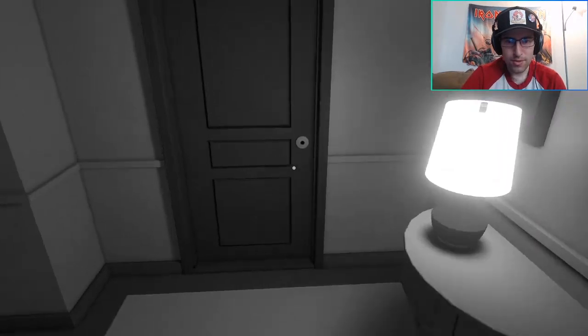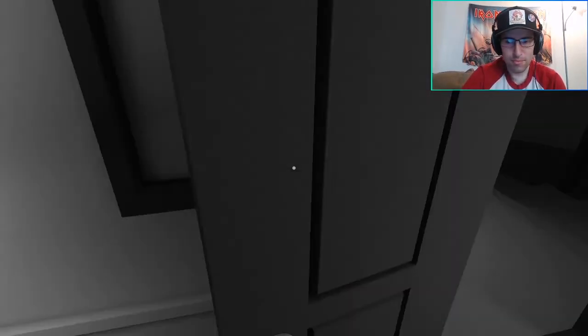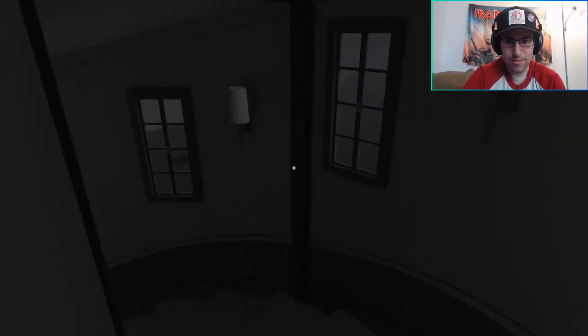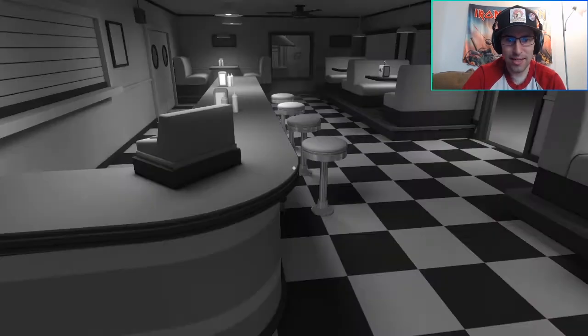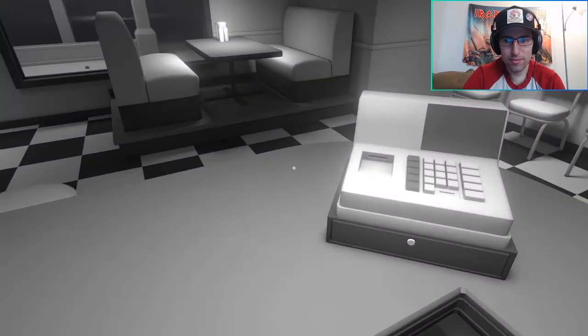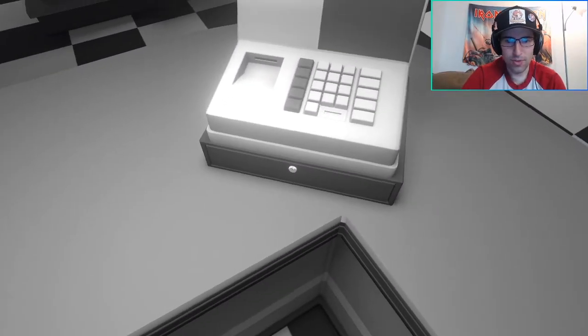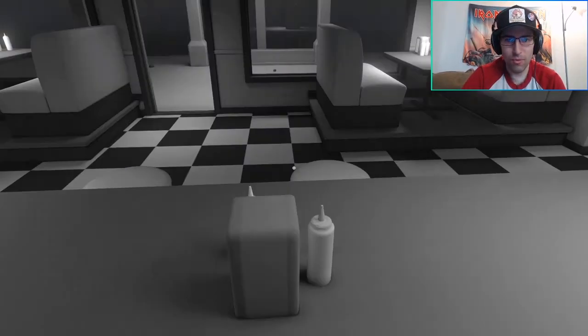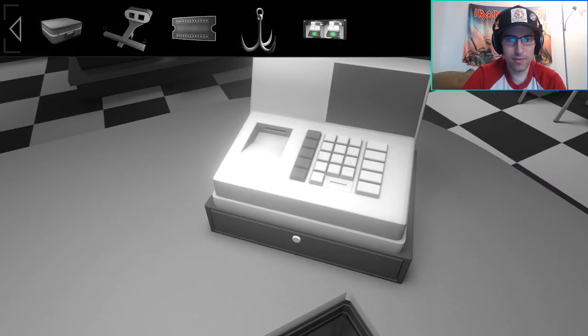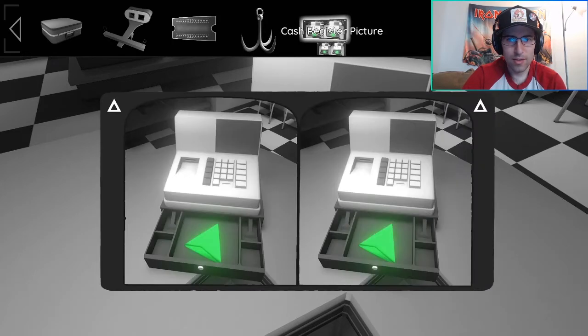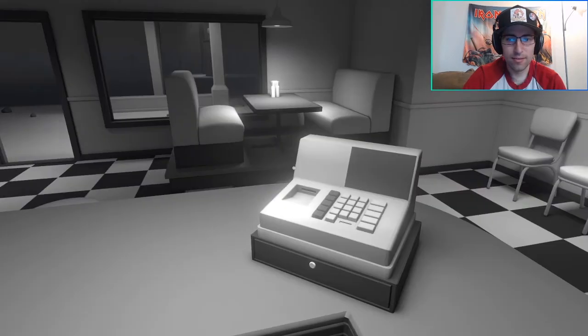Yeah, I understood that I have to go to the cash register, but that seems to be it. And from that point forward, you're not giving me any explanation as to why I can't open the damn thing. I'm sure it's because I don't have a key, but why can't I find the key? This doesn't do anything. This just tells me that I need to go to it, which doesn't mean anything.